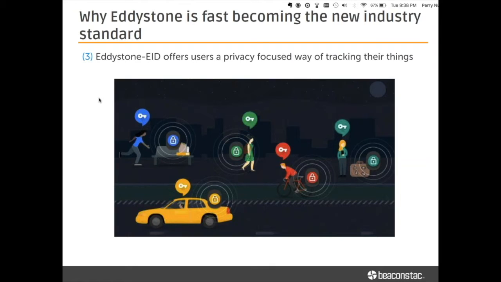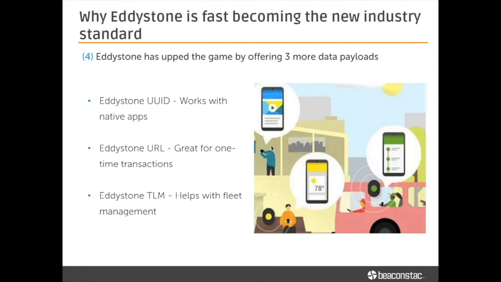And if you think Eddystone EID is very exciting, there's some new news out there, because Eddystone has upped the game by offering 3 more data payloads. One is Eddystone UUID, which is very similar to iBeacon UUID in the sense that it works with native apps. Say, for example, a user walks into a Starbucks store and there's a beacon there.